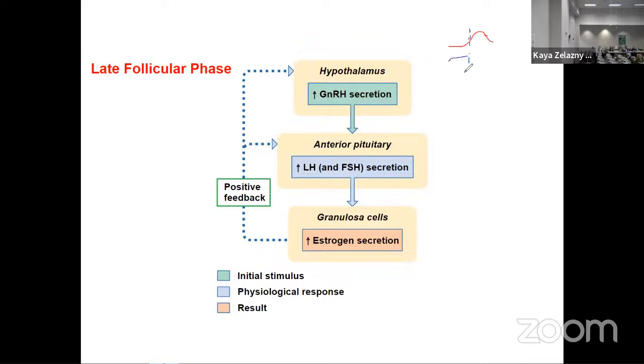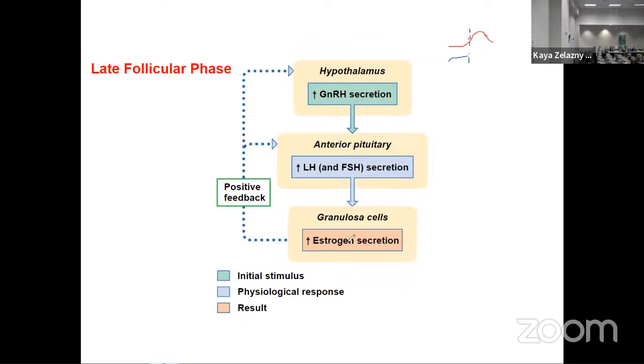Cool. So we do have more reactions in the late follicular phase as we're approaching ovulation. During the late follicular phase, the gonadotropin releasing hormone secreted by the hypothalamus is going to cause even more of a release of LH and FSH.